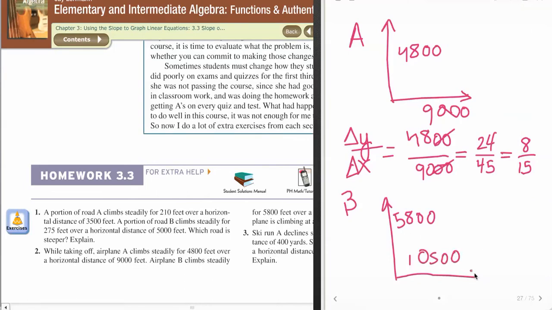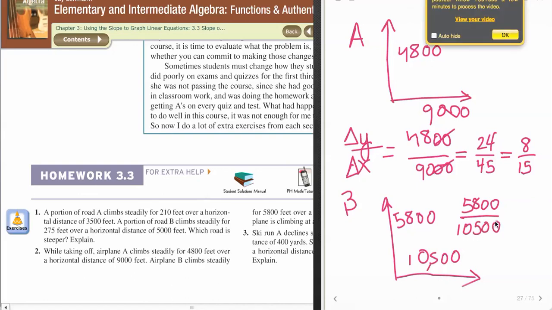10,500 feet in our horizontal direction. And so plane B, this is our vertical, which is 5,800, and it's over our horizontal of 10,500. And again, we can simplify this.